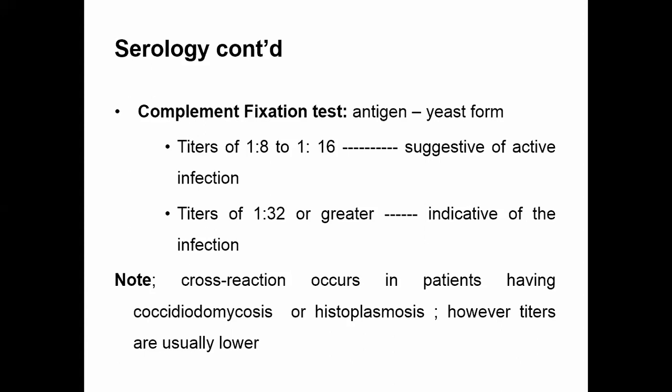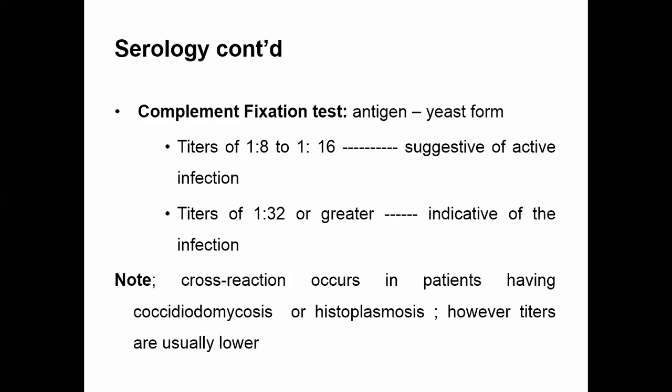Now antigen, we know it is a specific antigen which is representing yeast. So titers over here would be 1:8 to 1:16. Now, if your titers come between this particular range, 1:8 to 1:16, then it is suggesting that there is a yeast infection over there, right?